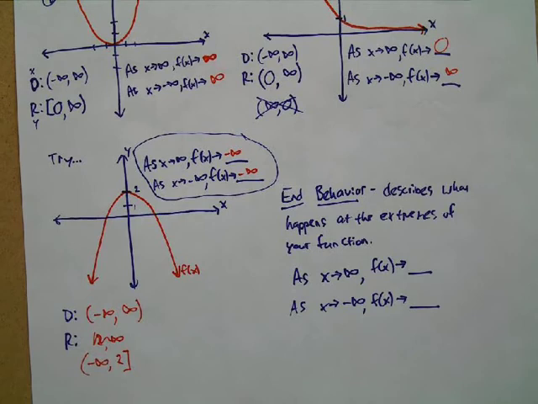Because whether we're going to the right, positive infinity, or to the left, negative infinity, our function values will both approach negative infinity. So there's a way to take both of these statements and put them together as one. It's hard to do when you approach two different ends, but you can mix them together if you want. Okay, questions on any of that?